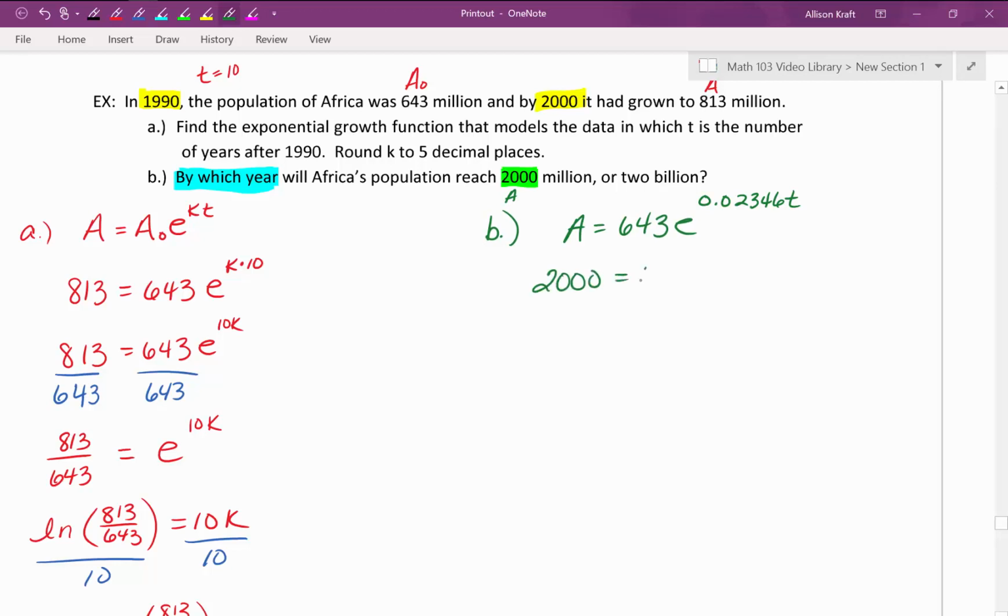2,000 equals 643 times e to the 0.02346t power. We start by isolating the exponential. We'll do that by dividing both sides by 643. 643 does not go into 2,000 evenly, so we're going to keep the fraction and not round with a decimal.